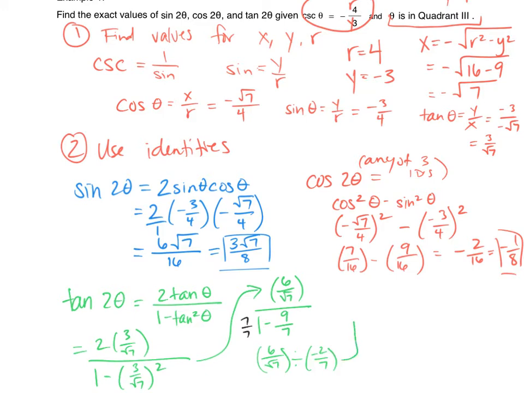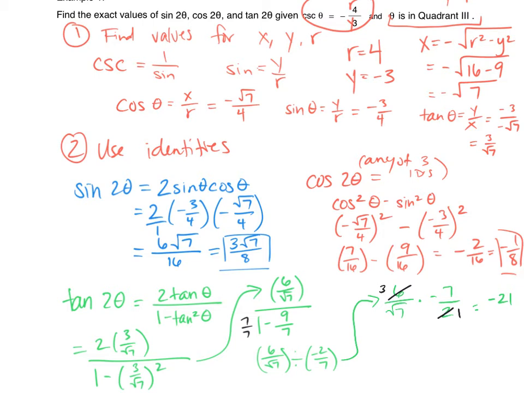So this is divided by negative 2 sevenths. Since dividing by a fraction is the same as multiplying by its inverse, we can change this to be 6 over root 7 times negative 7 over 2. We can go ahead and simplify a little bit first, so that becomes a 3 and that becomes a 1, otherwise known as 3 times 7 is negative 21.